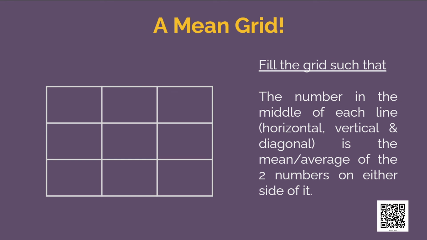The number in the middle of each line, that is horizontally, vertically and also diagonally, should be the average or mean of the two numbers on either of its sides. There are multiple ways to fill this grid. Try how many you can find out.